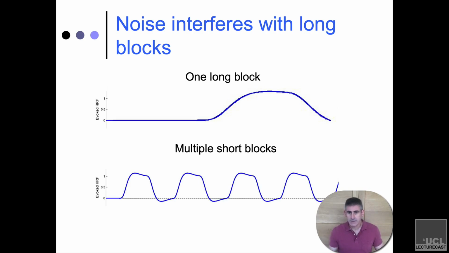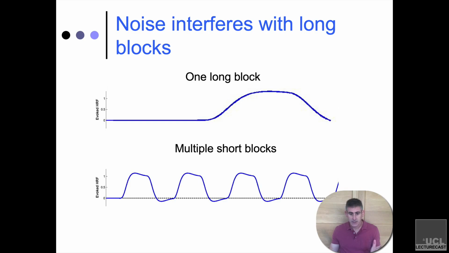What that means then is that as long as we use blocks that are, it turns out, 16 seconds or longer, we're maximizing the difference between the on condition and the off condition. So we're increasing the size of the effect to be as large as possible, and therefore improving our sensitivity to detecting it, right?